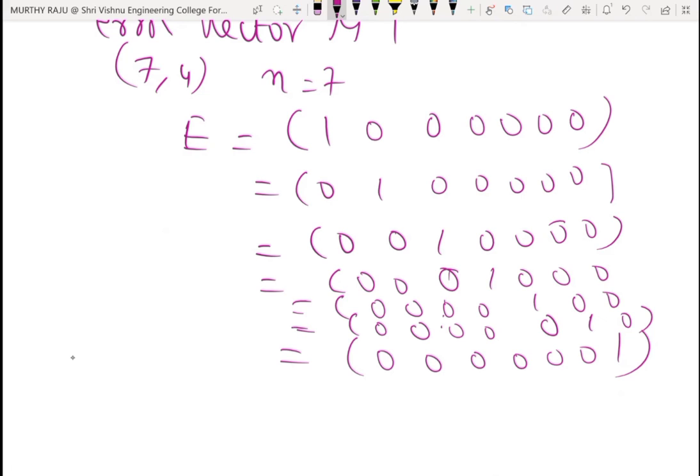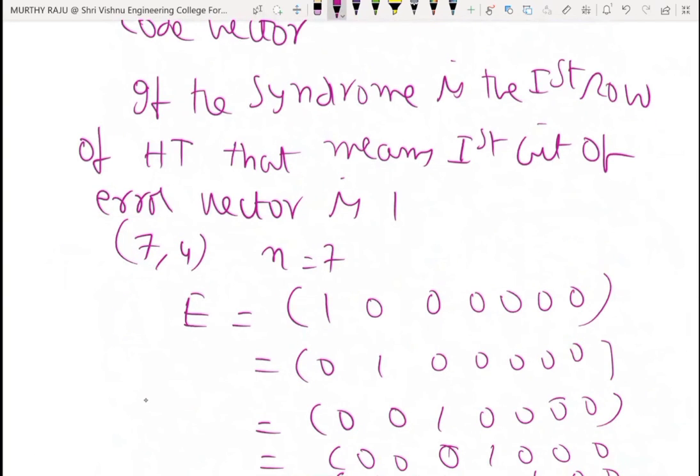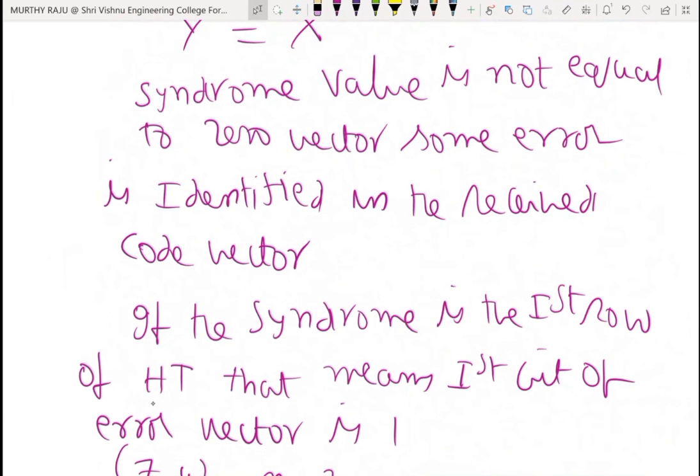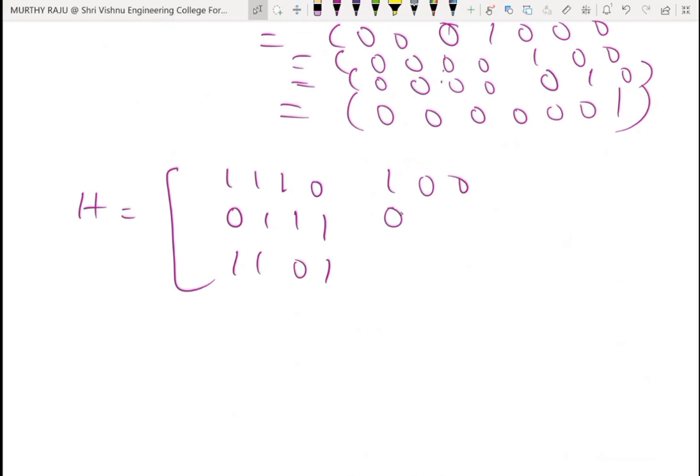The H value is already determined: H is equal to 101, 111, 110, 011, 100, 010, 001.